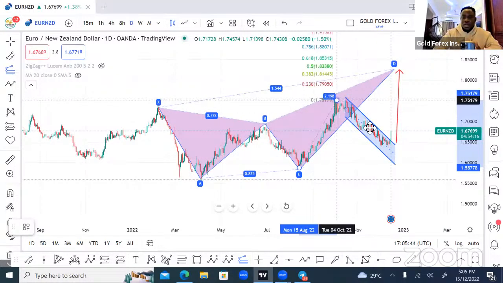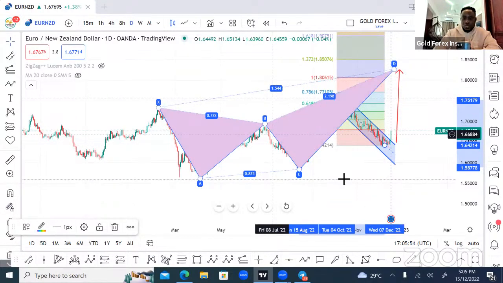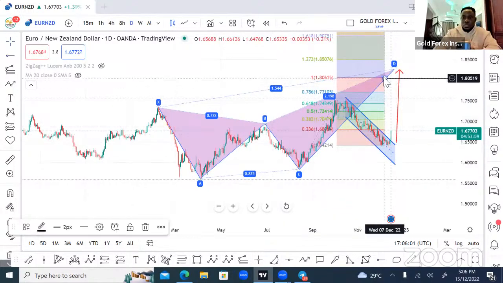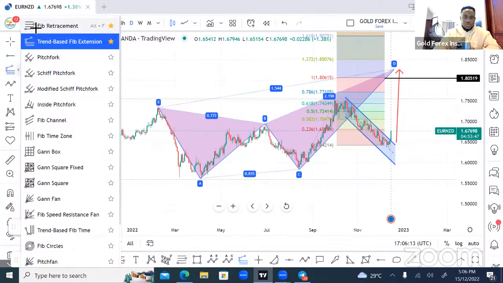let me see whether we get our 1.0. So you see, our 1.0 Fibonacci extension level should head all the way around this zone. Okay, so this one should hit here, but if it's come to 1.618, then that means that the 1.618, let me see where it's coming to.